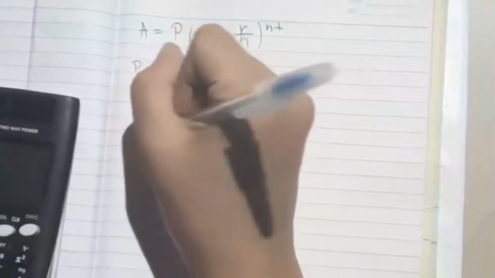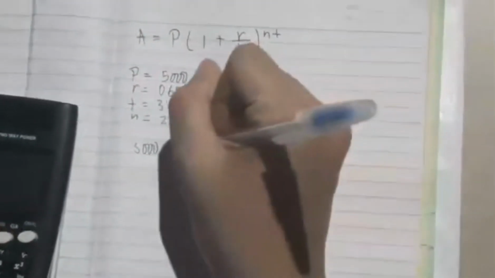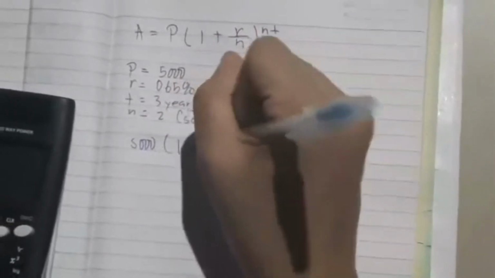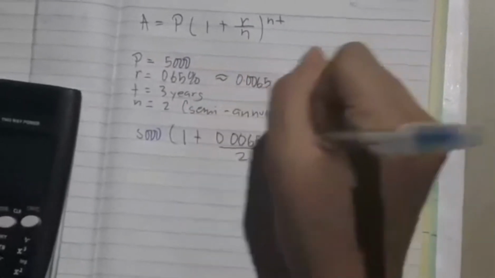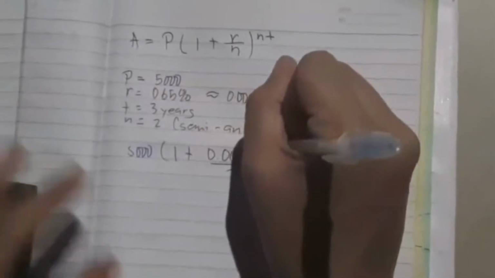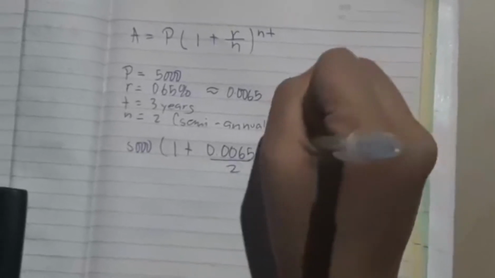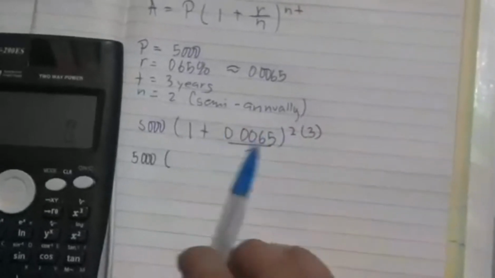Then the principal is 5,000 multiplied by 1 plus 0.0065 over 2 to the power of 2 times 3. So let's solve this one.